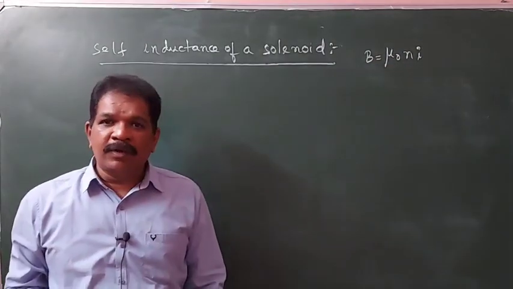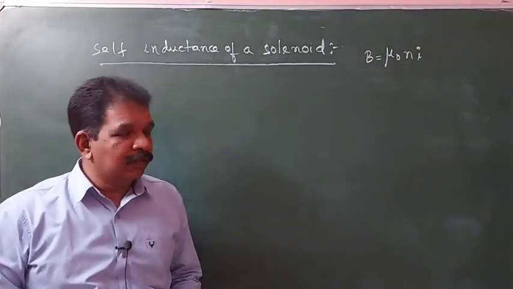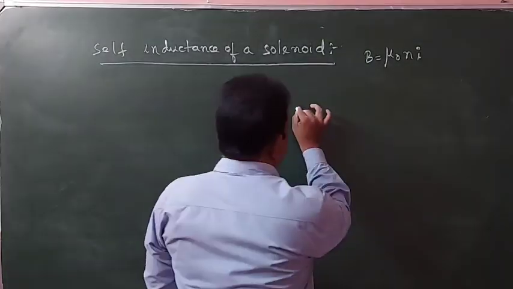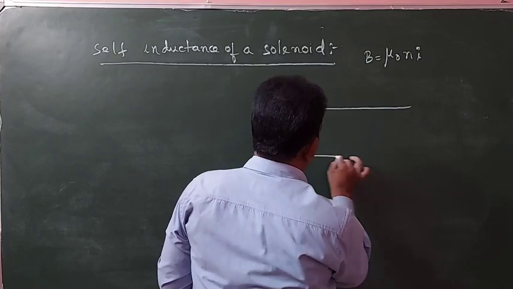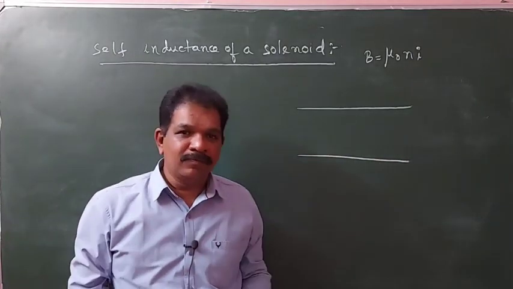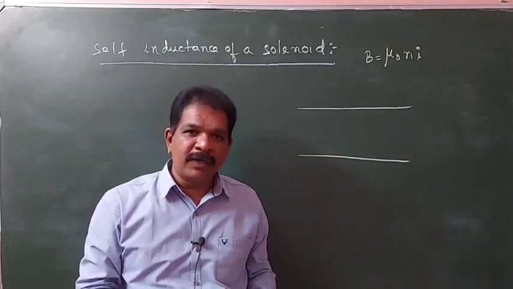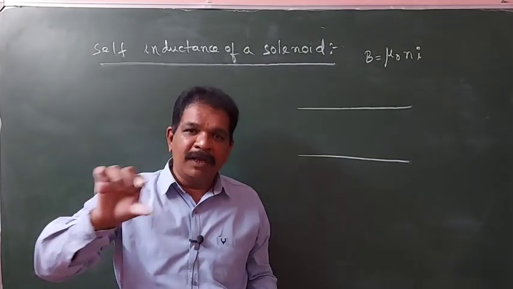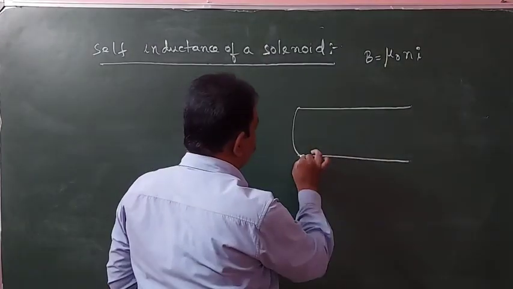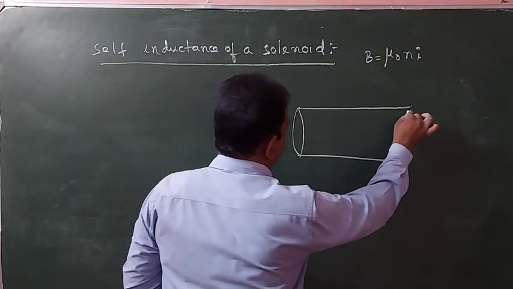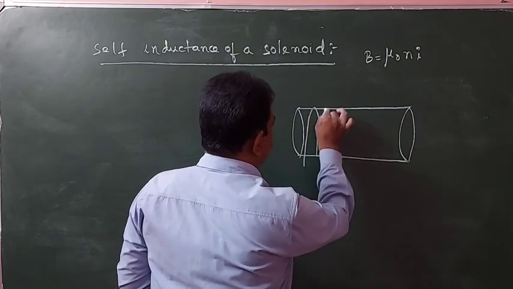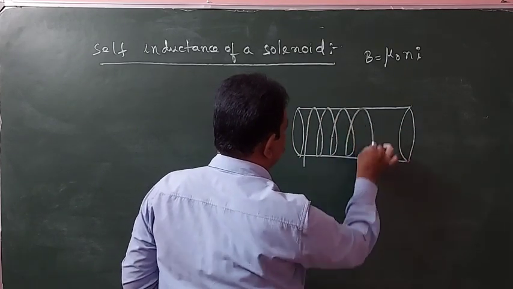n is the number of turns per unit length, I is the current. Then what is meant by a solenoid? Solenoid means one plastic pipe. Plastic is an insulator, na? One plastic pipe, and on that pipe a metal wire is wound like this.